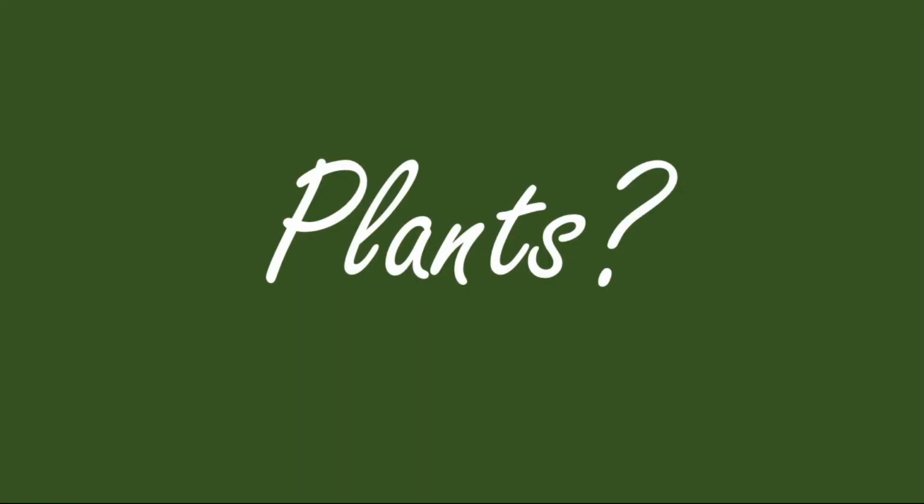So what about plants? If movement is essential for survival and plants are unable to uproot themselves and move from one place to the next, how then do they survive? Well, plants do not need to move to find food, as they produce their own food during photosynthesis. Nor do they need to move to find a mate.